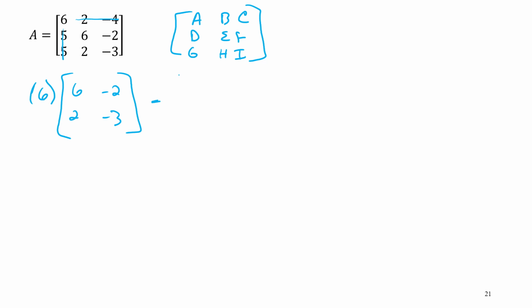Minus, if we look at B, we're looking at the 2. We're not looking at the A or the C, and we're not even looking at the E or at H. So we have 2, followed by the small matrix of 5, 5, -2, and -3.